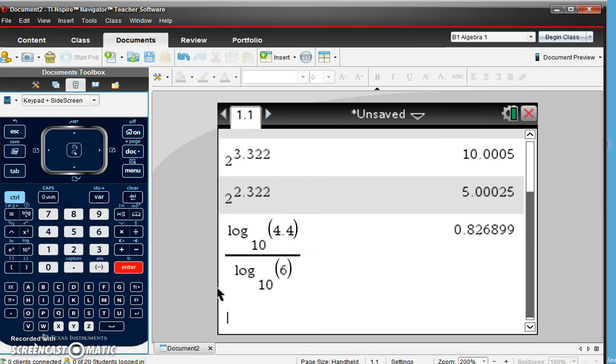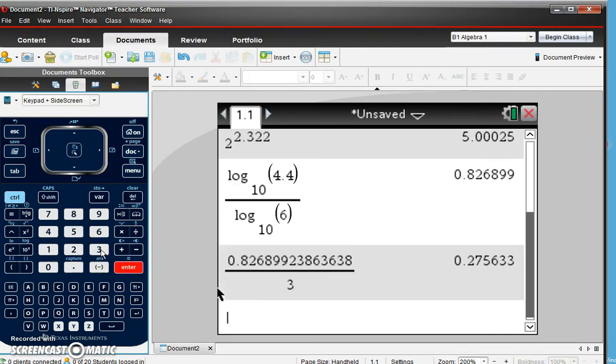So 3x is equal to 0.827. Then we're going to do control and then answer, to get our answer, and divide it by 3, and then enter, and I get 0.27.